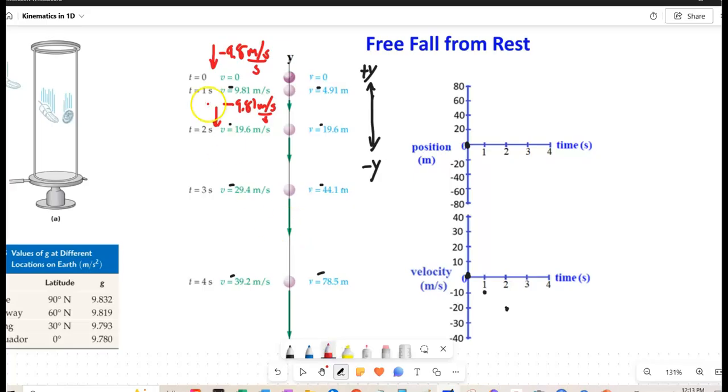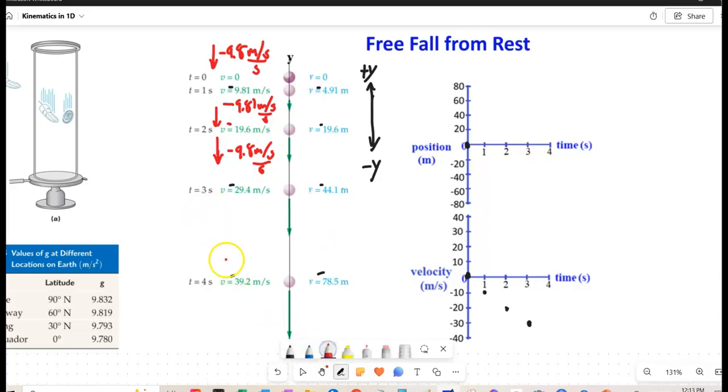Again, you're going to be adding a negative 9.8 meters per second acceleration to the negative 19.6 meters per second velocity, and now you'll have a new velocity of negative 29.4 meters per second. So at the third second, you're at negative 29.4.